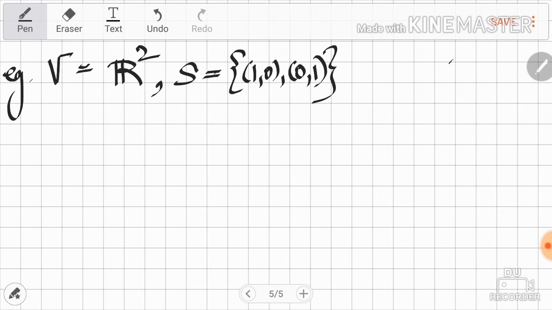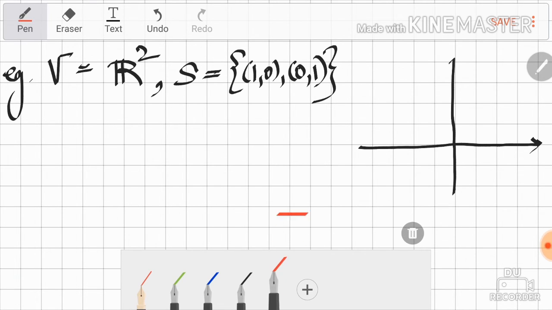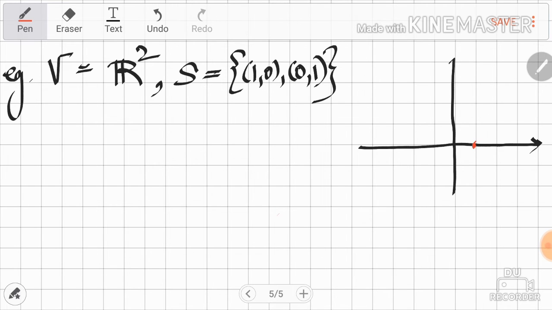If you notice, this 1, 0 and 0, 1 is nothing but, if I represent it with an arrow, it will look something like this. This is 1, 0 and this is 0, 1.